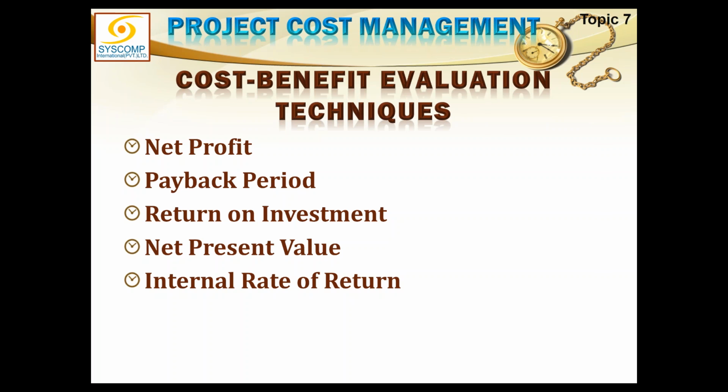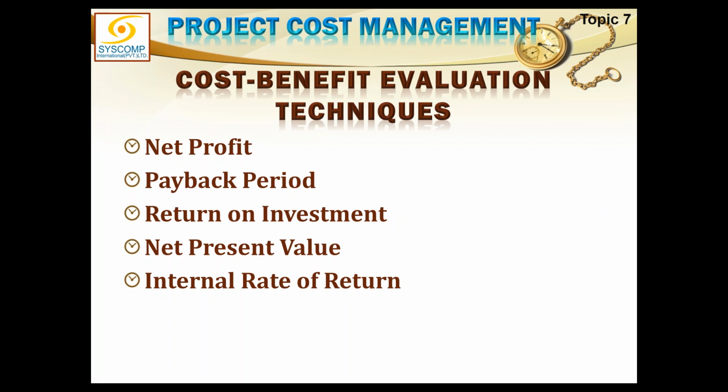Third is return on investment. You see, the net profit method did show us the benefit, but it did not take into account certain things. So to take into account those things, we will use the return on investment method, which will give you the yearly profit percentage to compare with.